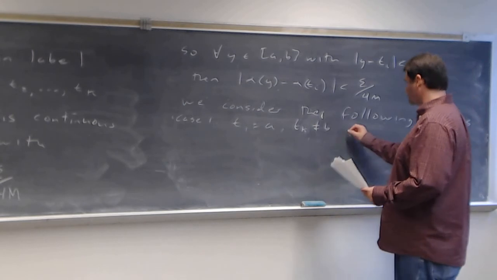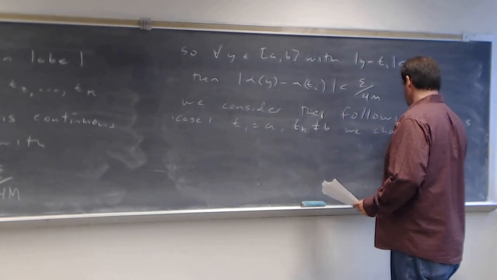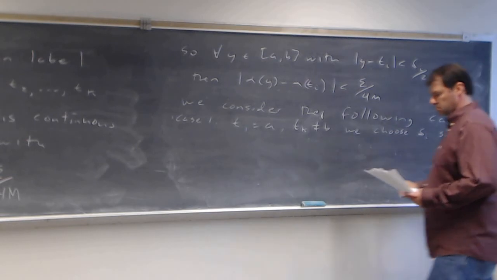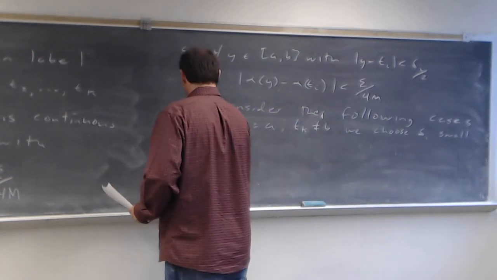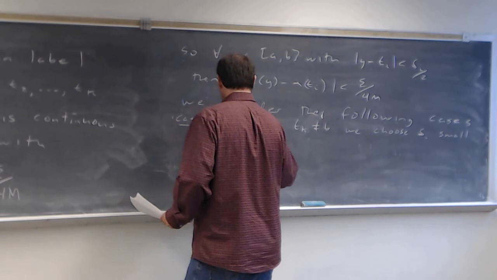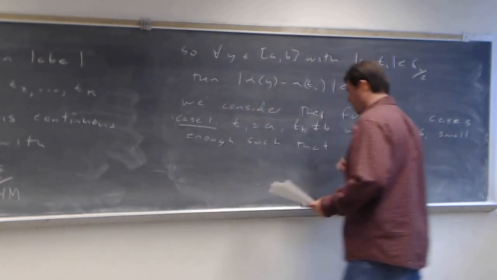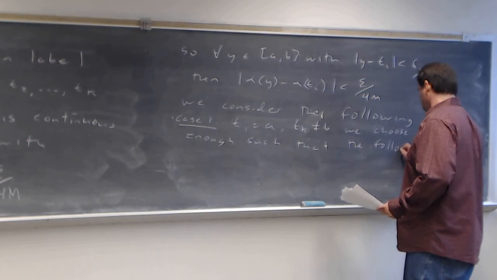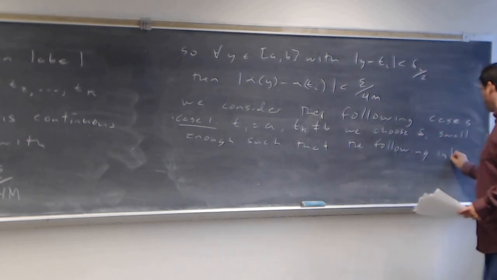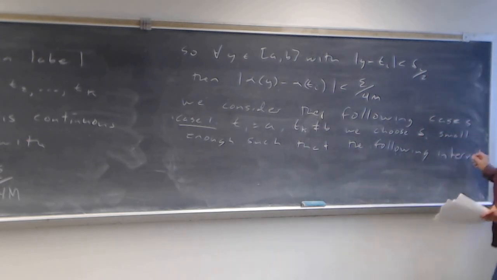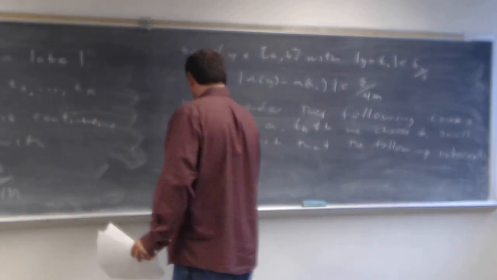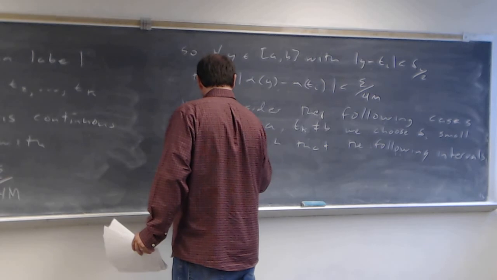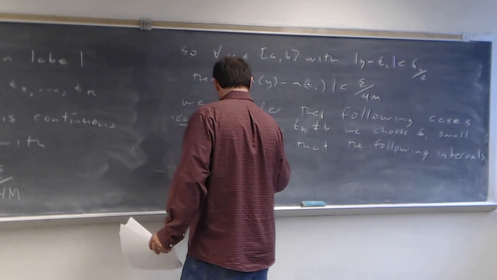And so we choose delta sub i small enough such that the following intervals, and so what are our following intervals. It's a up to a plus delta sub 1 over 2.